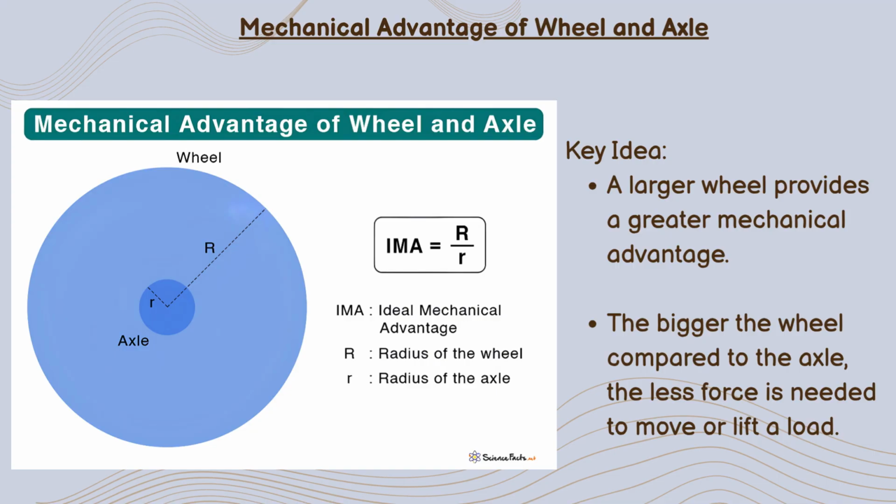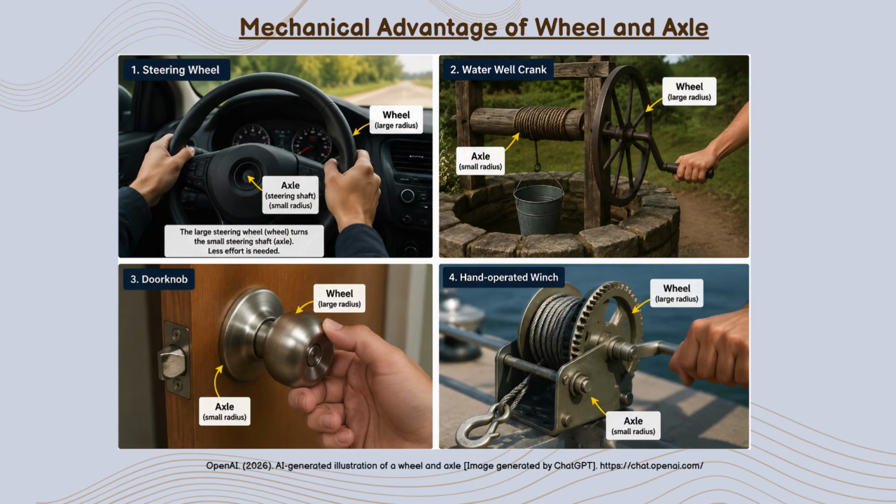So the key idea is a larger wheel provides a greater mechanical advantage. The bigger the wheel compared to the axle, the less force is needed to move or lift a load. So again, here are the examples of mechanical advantage of wheel and axle.